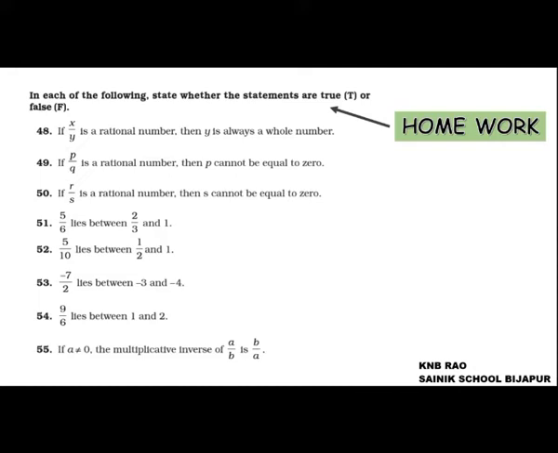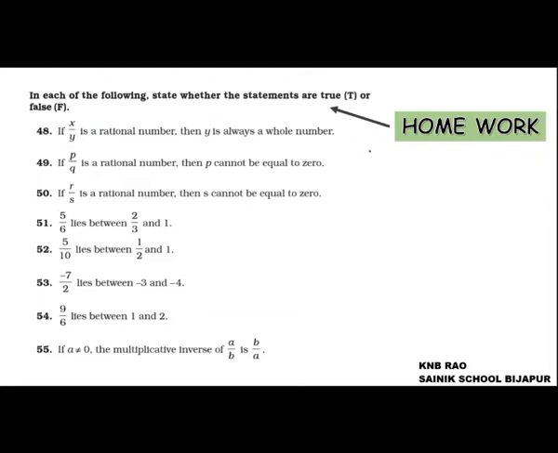So yesterday's homework, in the 48th question, the statement is given that if x by y is a rational number, then y is always a whole number. Here, y in this rational number x by y is called the denominator.